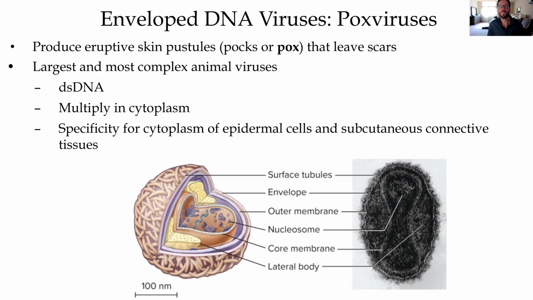Okay. What's rare about the pox virus is that it multiplies in the cytoplasm. And per the quiz that we just had, generally speaking, RNA viruses multiply in the cytoplasm, and DNA viruses multiply in the nucleus. And so why is that happening?